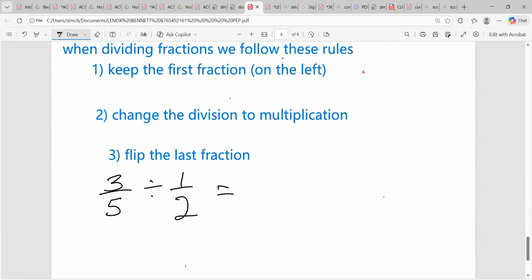Three-fifths divided by a half. Good luck. So 3/5 divided by a half. Show your working, please. Well done, Renardo.